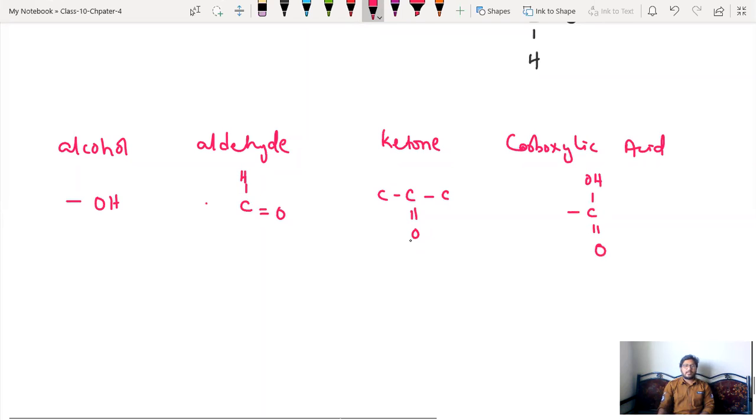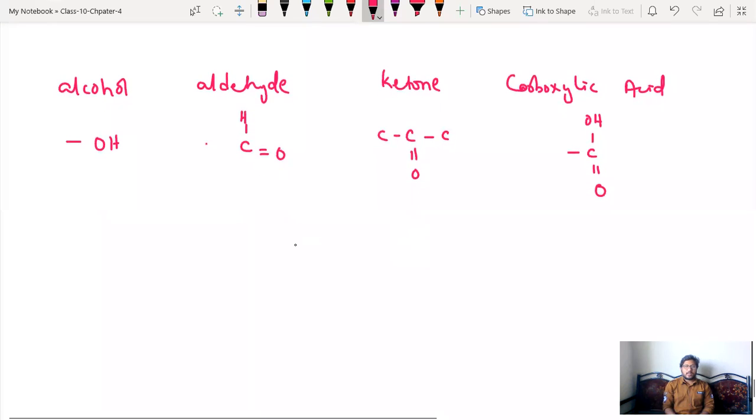So these are the things which we have learned, and in the last lecture we have seen halo. Halo means we have chloro, bromo, iodo.